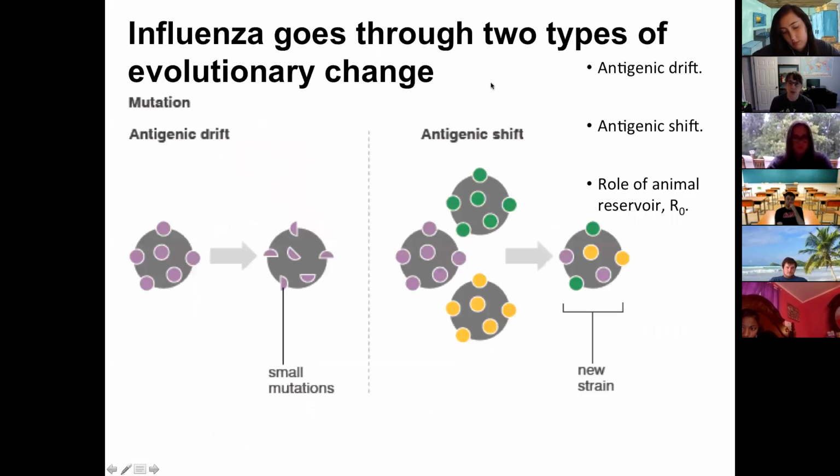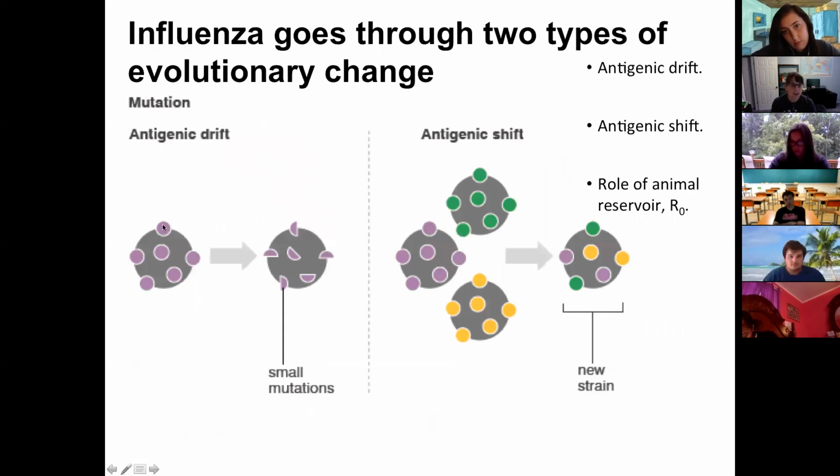All right. So Isaiah just brought up this idea that there are two types of evolutionary change that happen in influenza. What we see in panel B is something called antigenic drift. An antigen is just the surface proteins that our immune system responds to.